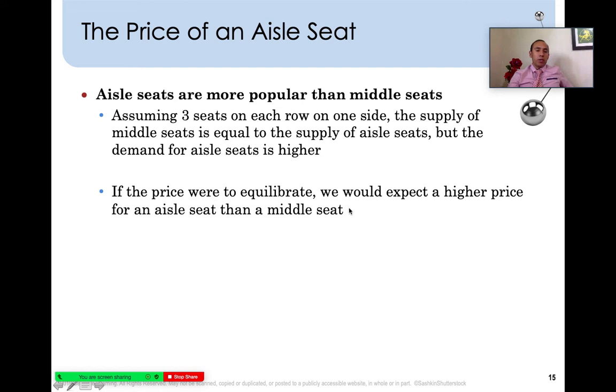If the price were to equilibrate, we would expect a higher price for the aisle seats in general than for middle seats. And sometimes the airline industry allows you to select the seats on a plane.